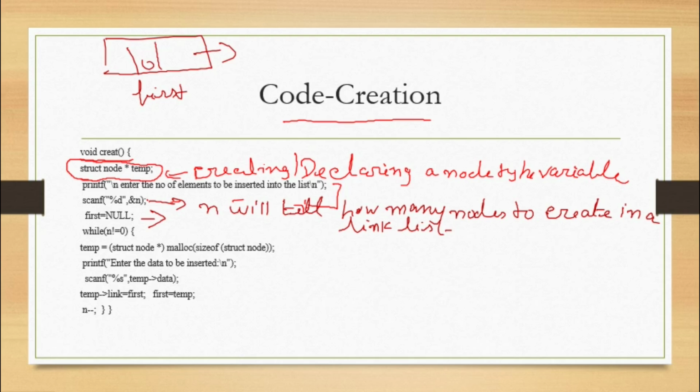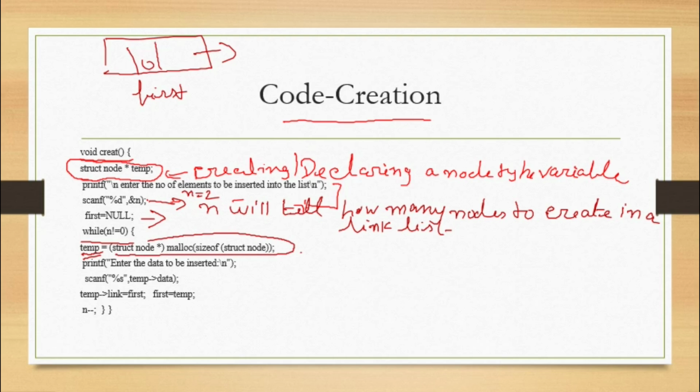Next, you need to create many nodes, not one. So while n is not equal to 0, that means till n becomes 0 you have to go on creating the nodes. Let me take n as 2 in this case, so that you get a clear idea. First I create temp, a temp variable, equal to struct node star malloc size of struct node.